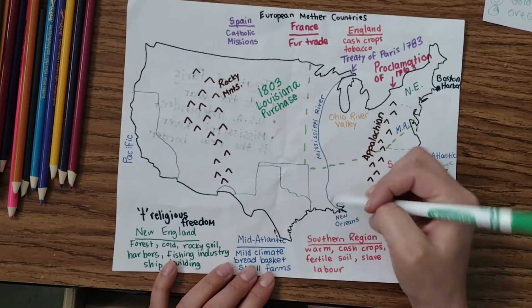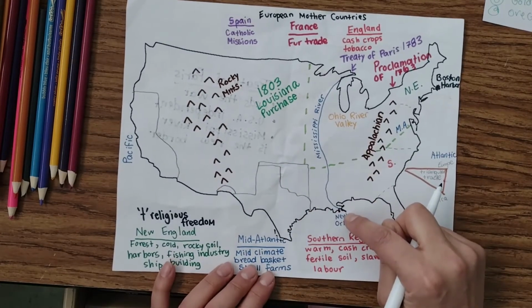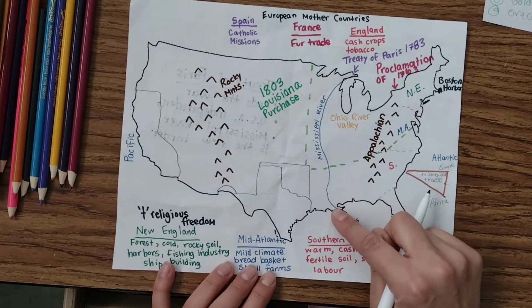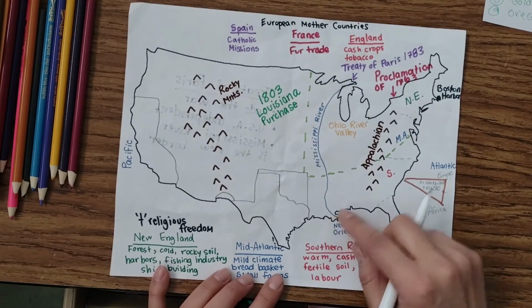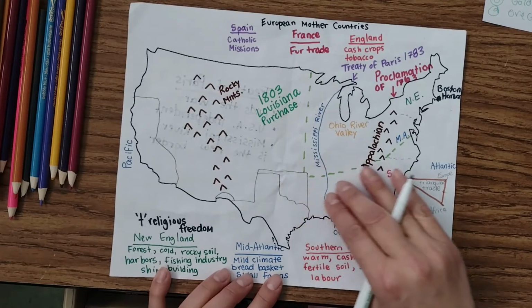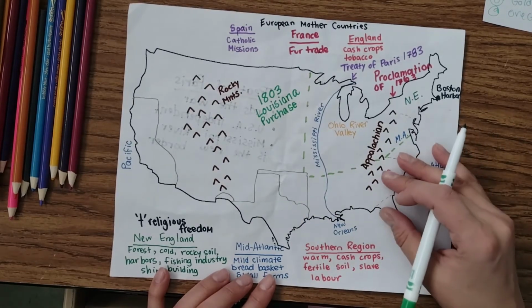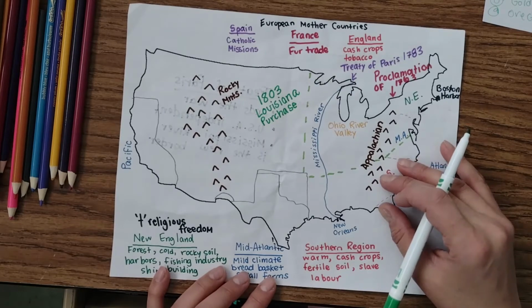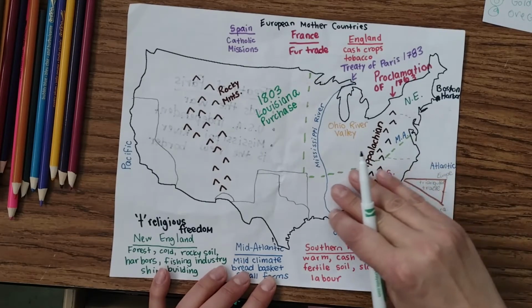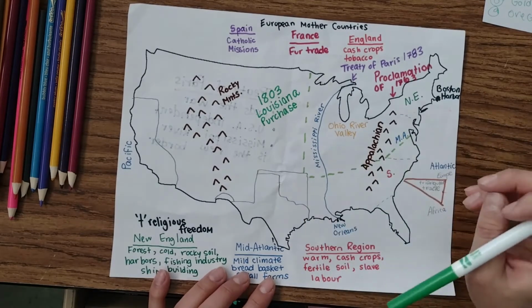Now, it does include this territory getting control of the New Orleans Harbor, which we've already labeled. This is going to be fertile soil and good climate for growing, just as the South is in the 13 colonies. Slavery is going to spread west with our new territories.